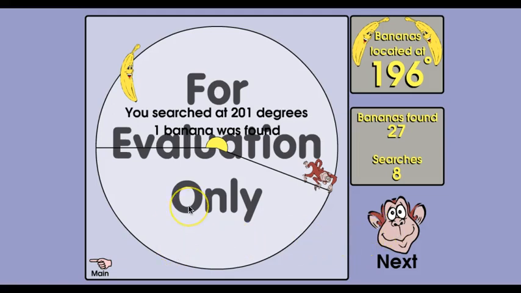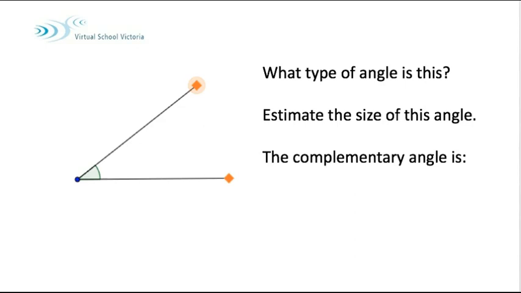Okay, so this game is on Primary Games Banana Hunt, and you can have a lot of fun with it. Now is your opportunity to revise some of those ideas about the names of angles and estimating the size.